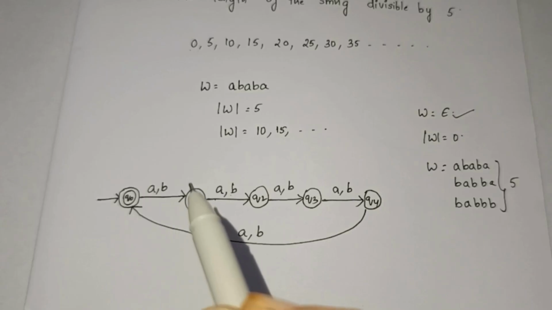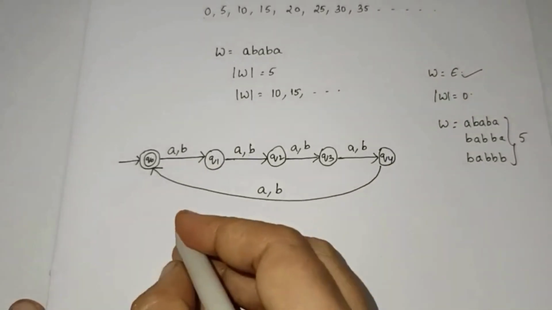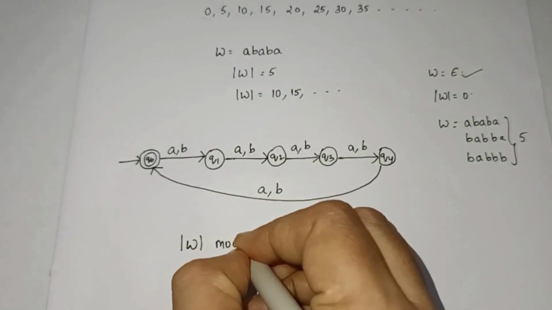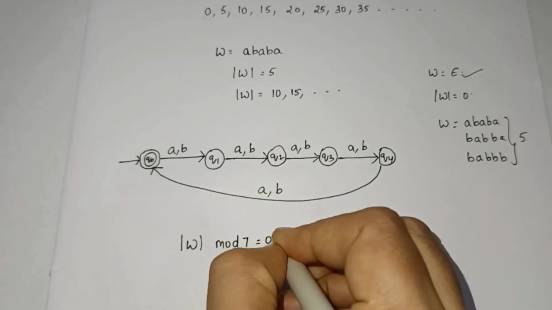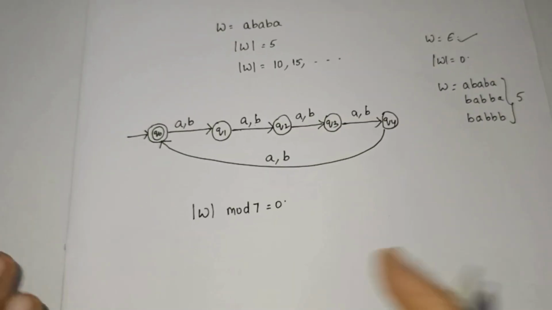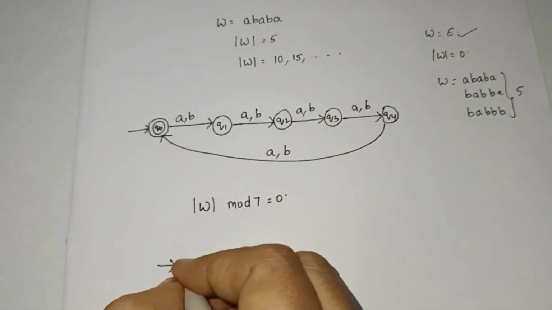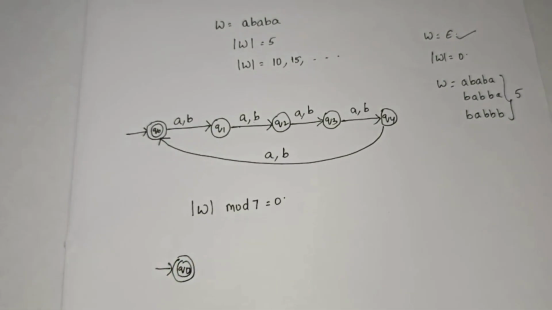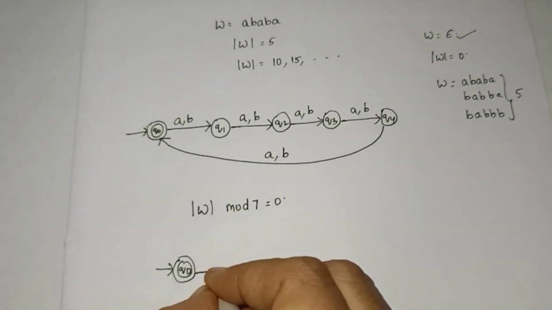Suppose my question is modulus W mod 7 equals 0. If this is so, then how can I write it? Definitely 0 will be there, so the initial state becomes the final state. The length should be 7.